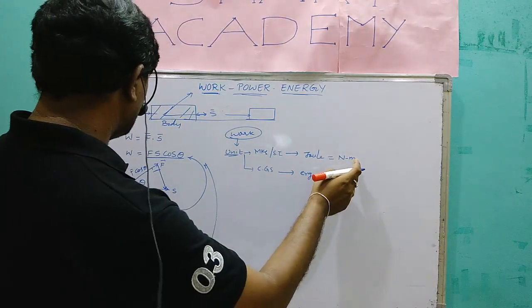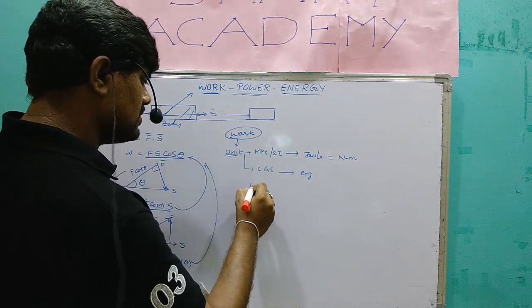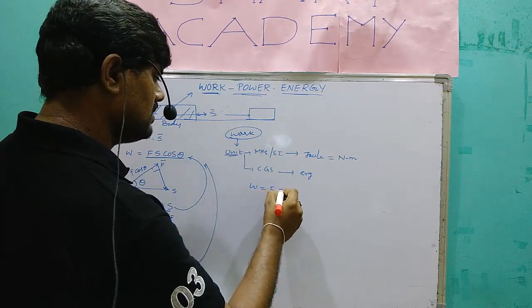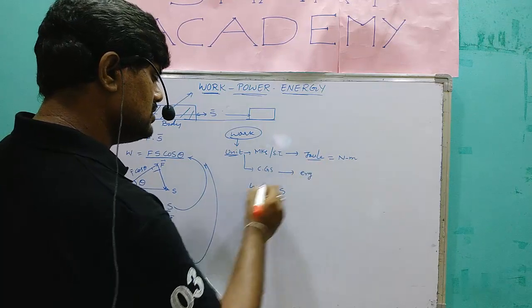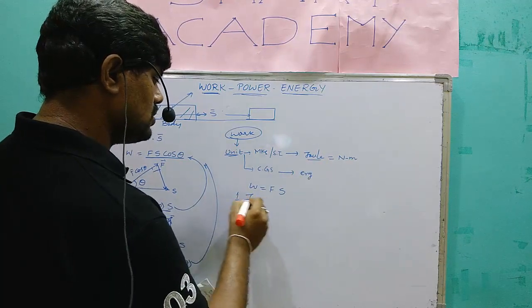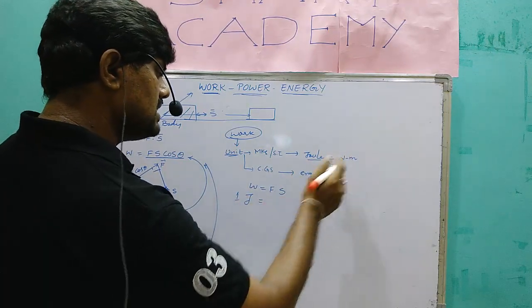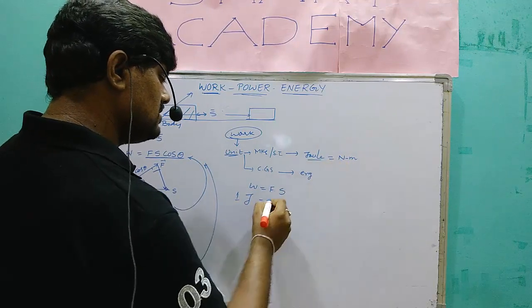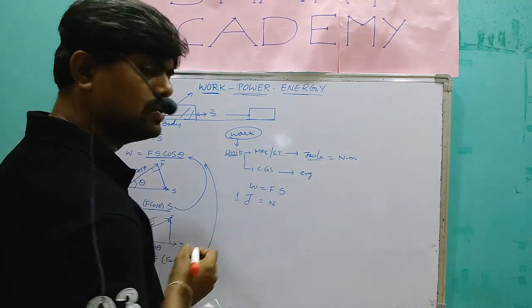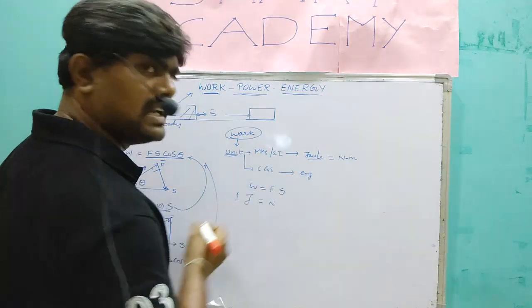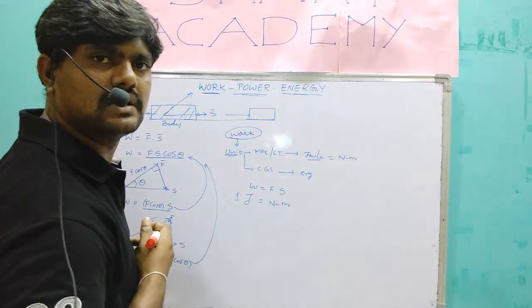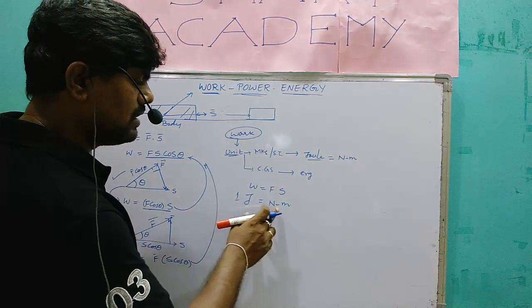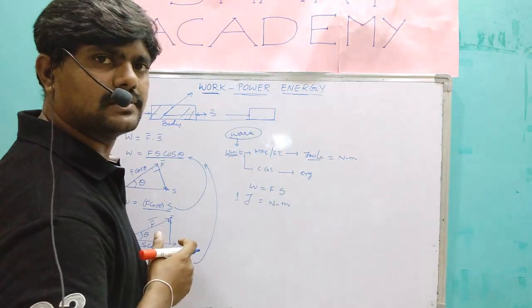This we get from the equation W equal to F S. So the work done is measured in joules, that is 1 joule equals force, measured in the MKS unit newton, times displacement, whose unit is meter. So 1 joule equals 1 newton meter.